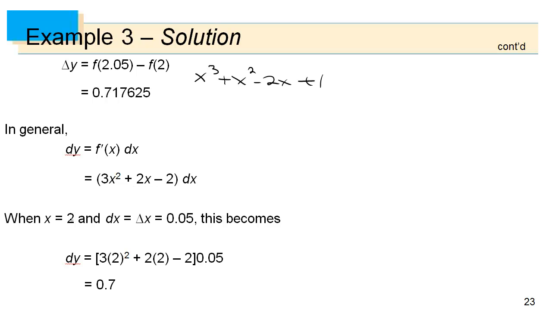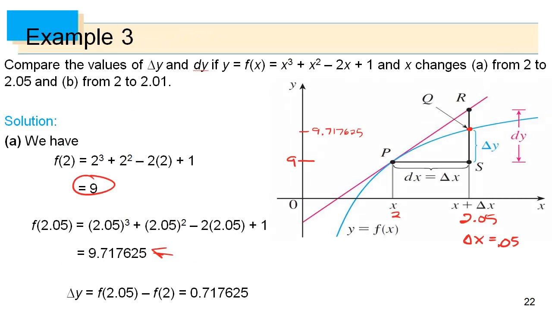When x equals 2 and dx equals delta x equals 0.05, we always set our dx to be the change in x that we're actually doing, the delta x. Then if we plug all that in, we evaluate the derivative at 2, we multiply it by the change in x, and we get this dy of 0.7. Well, delta y was 0.717625. And the difference between those two is not that much. That's our error, that would be the little tiny distance here.